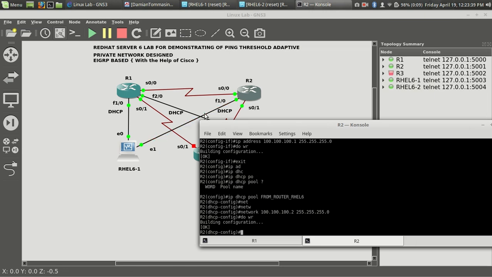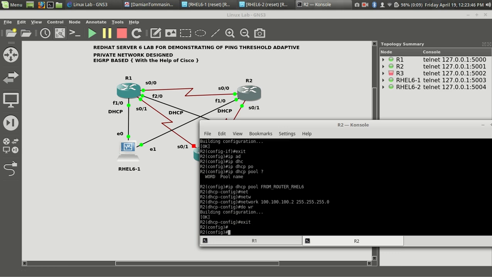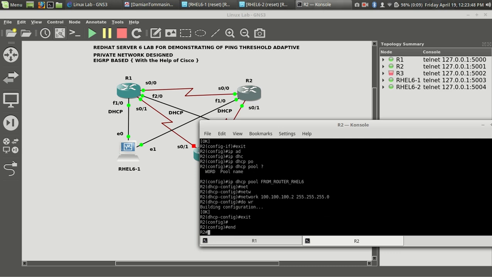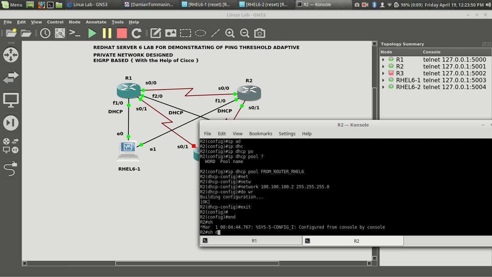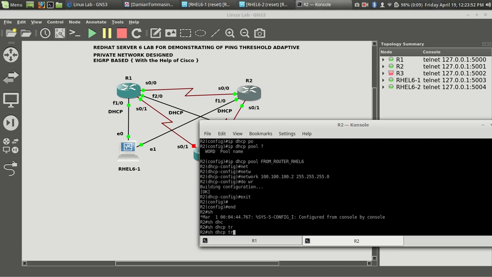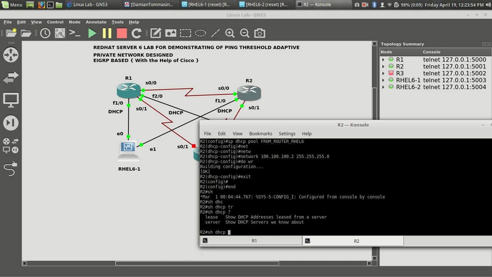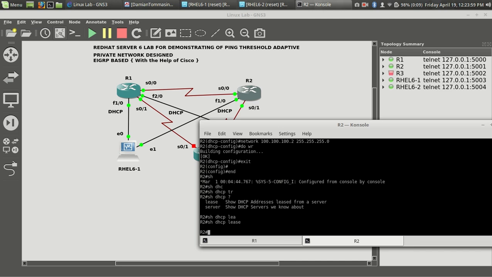FastEthernet 1/0 is connected to, I think, nothing. Router 2 FastEthernet 1/0, show IP interface.